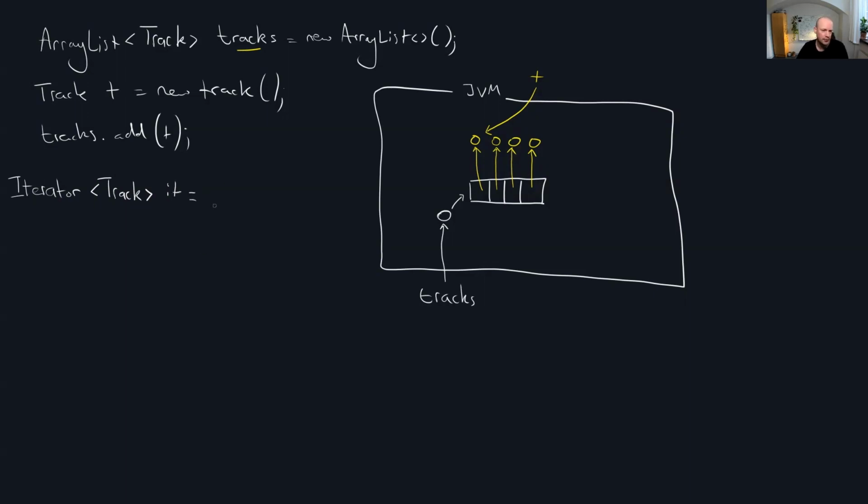And then to get the iterator object, we get it from the actual array list, so we say tracks.iterator(). The way we understand tracks.iterator is that it's going to return an object of type Iterator, parameterized by Track. For us, this is going to look something like we have our name, and that's going to point to our iterator object.